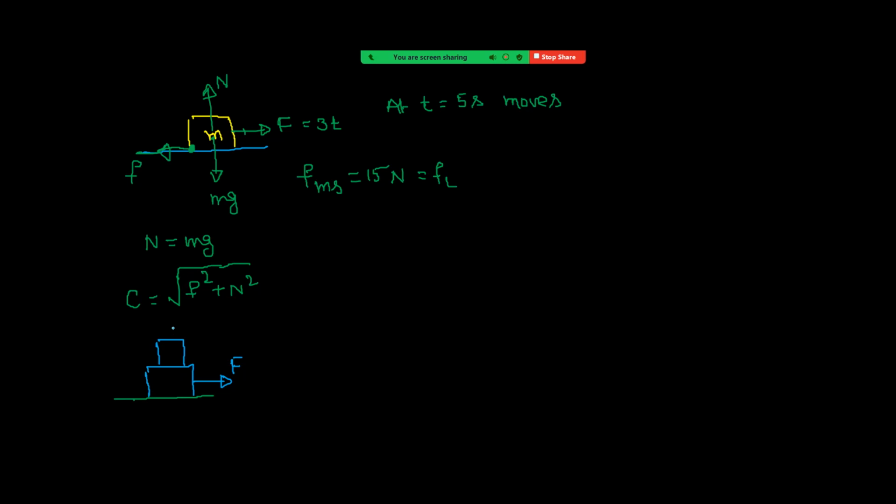That means the block may be moving, but it is at rest with respect to the contact surface. Example is this case. So when we are saying static friction, it doesn't mean that the block is at rest. What we can say is the block is at rest with respect to the contact surface.